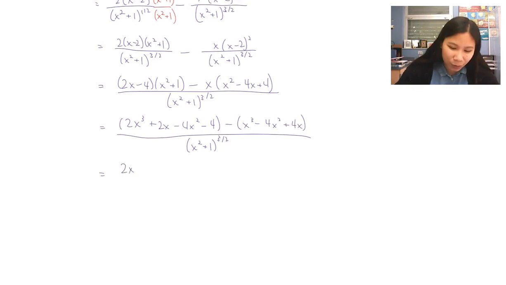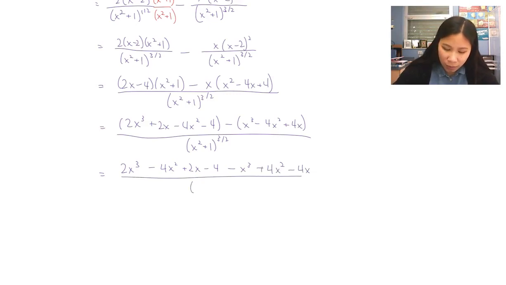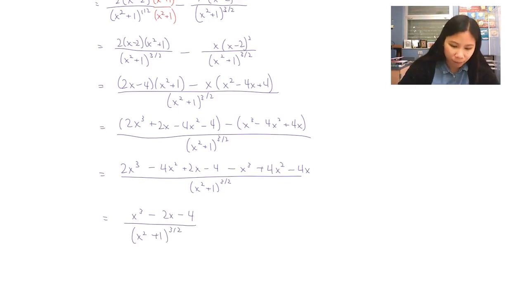So we're going to end up with 2x cubed minus 4x squared plus 2x minus 4 minus x cubed plus 4x squared minus 4x. And combining all our like terms together, we're going to end up with x cubed minus 2x minus 4 over x squared plus 1 raised to the 3 over 2 power.